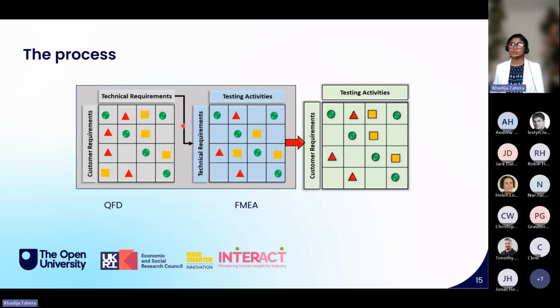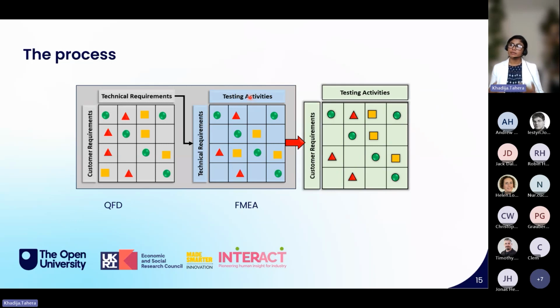Once we have done that, the tool will produce this view for us. We have seen the customer requirements and technical requirements. This is mapped, and then technical requirements get mapped with the testing activities, but we didn't map customer requirements directly with the testing activity.